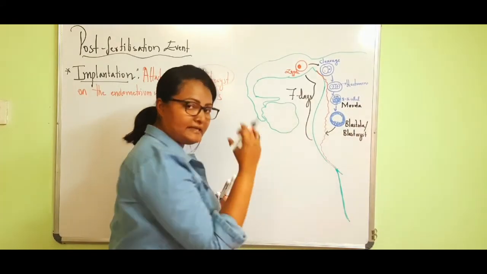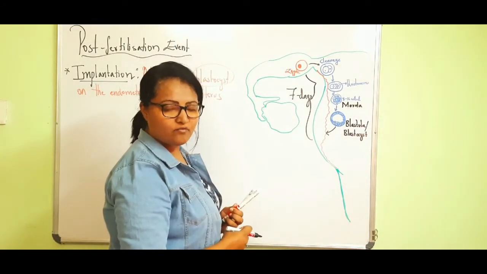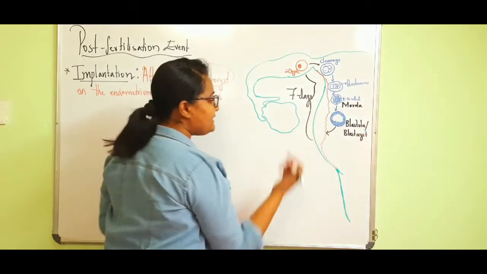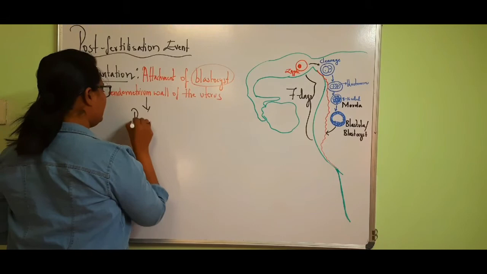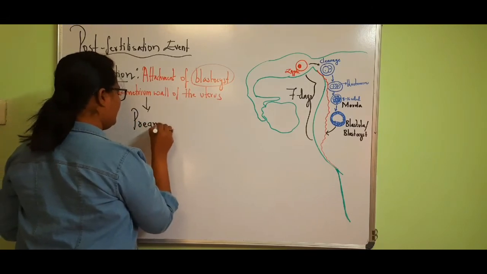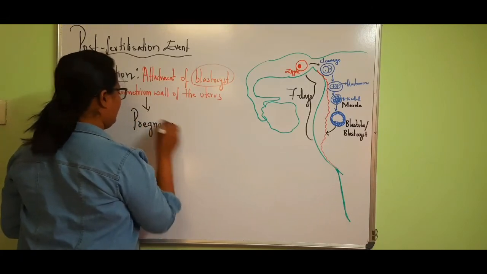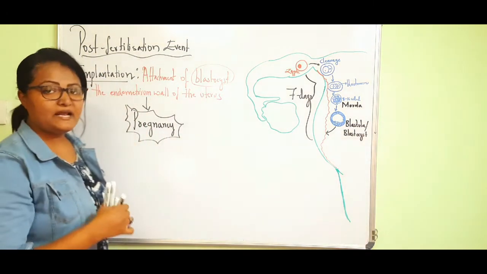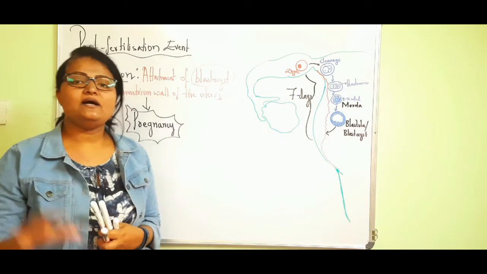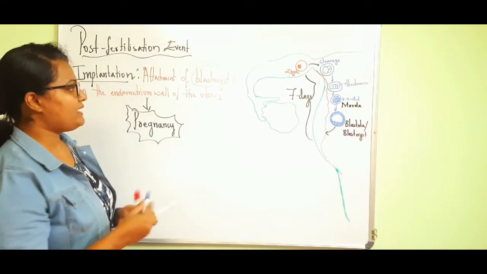Once they attach to the endometrium wall of the uterus, this will lead to pregnancy. After the implantation, this will lead to the pregnancy. Okay, one more time I'll tell you.